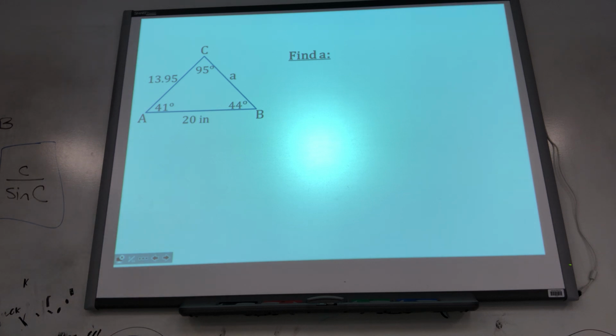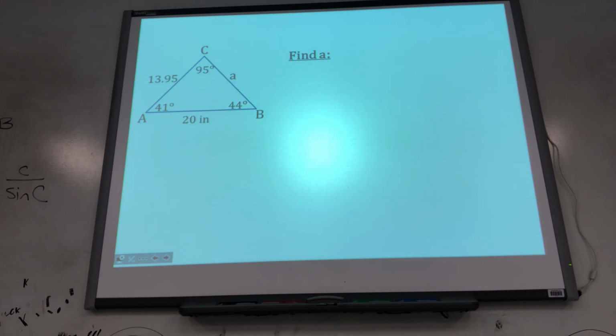I'm going to have to use my law of sines somehow to figure out what little a is. So I'm back over here trying to decide which parts of this formula I need. Now, I'm trying to find little a, so I know I have to use that part of the formula.